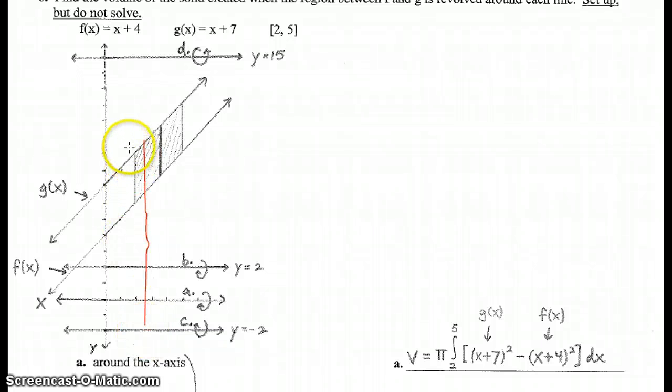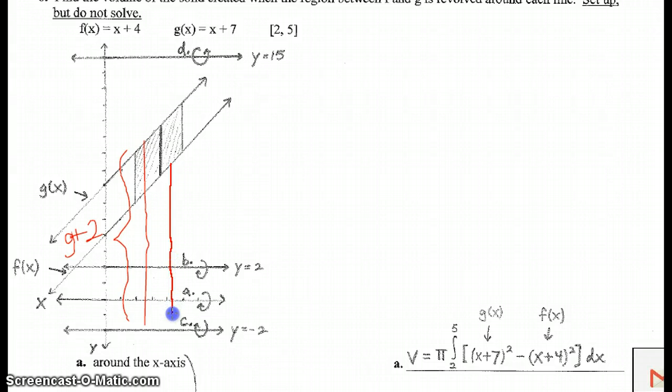So my outer radius is not just g, it is g plus 2. My inner radius, similarly, goes from f to the x-axis and then an additional 2. So my inner radius is not just f, it is f plus that additional 2.